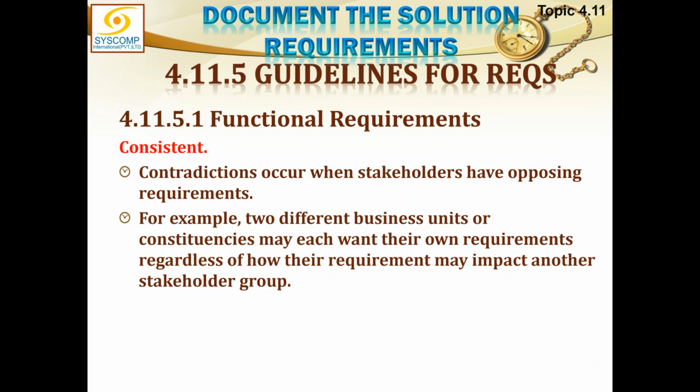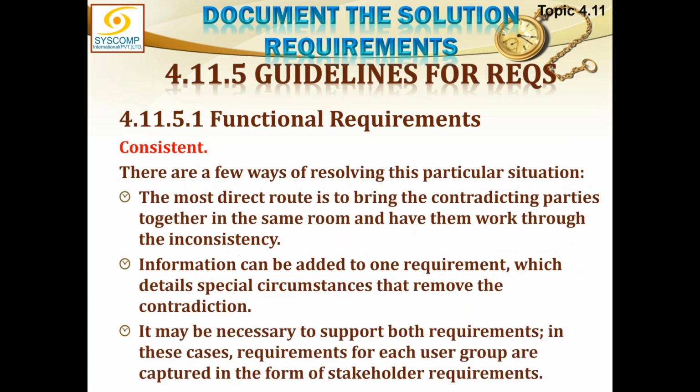Contradictions occur when stakeholders have opposing requirements. For example, two different business units or constituencies may each want their own requirements regardless of how their requirements may impact another stakeholder group. There are a few ways of resolving this particular situation. The most direct route is to bring the contradicting parties together in the same room and have them work through their inconsistency, and that is the best way of resolving a conflict.